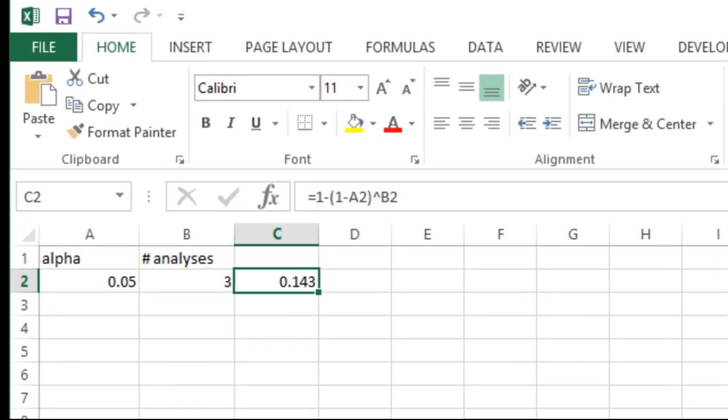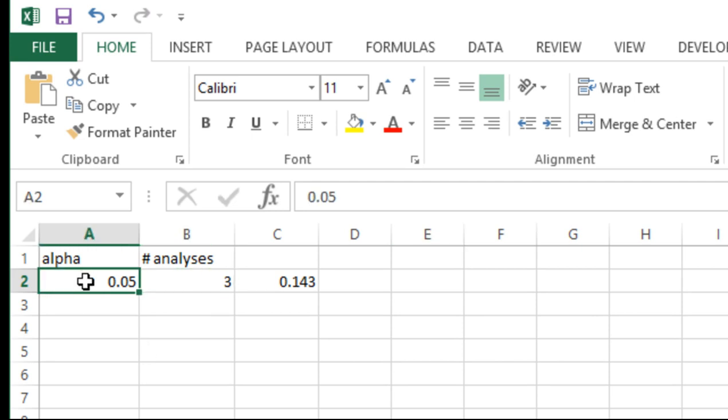And I've put together a little Excel sheet here where I can do the calculations for any number of analyses and any per contrast or per analysis alpha level. We pretty much always have alpha 0.05 for any individual analysis, but the number of analyses we might conduct on the same sample of data can vary widely, and 3 is really not that many. Oftentimes you might have as many as 20 analyses on the same sample of data. That is totally ordinary to see in a publication.